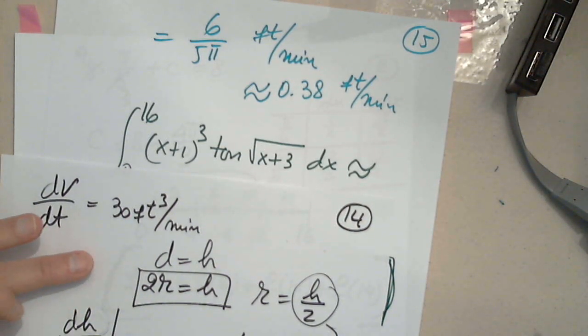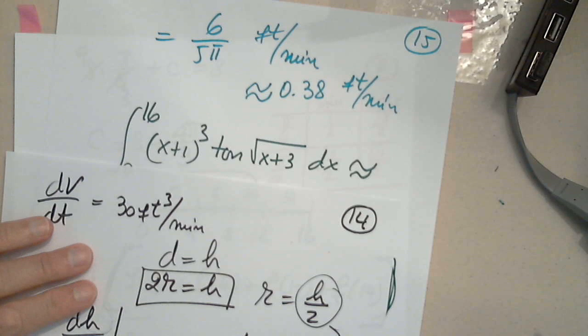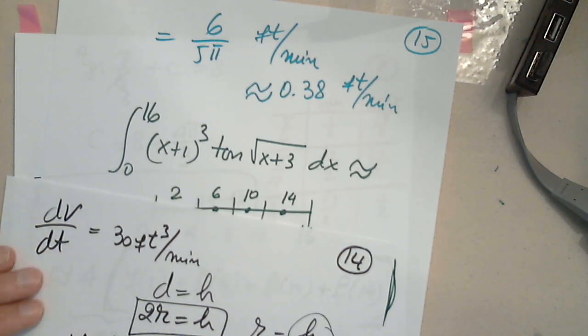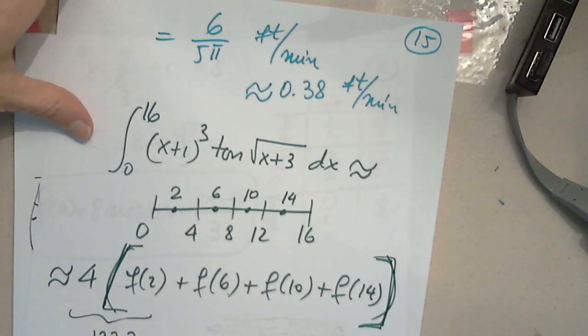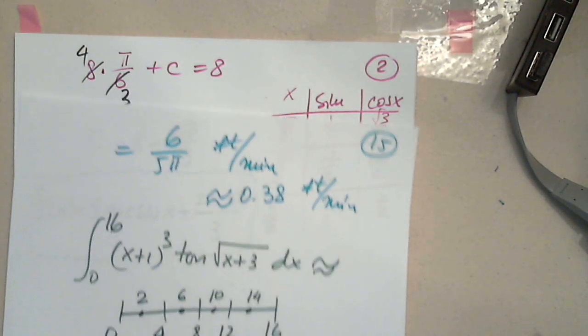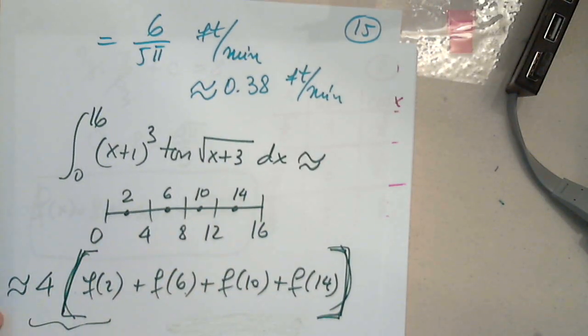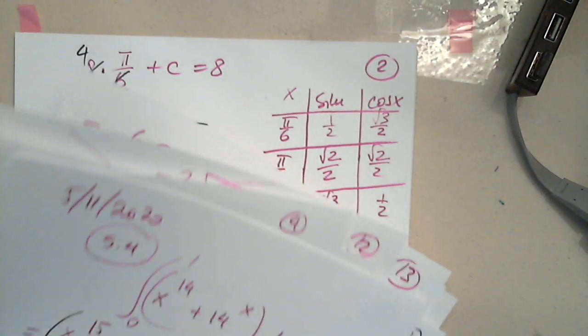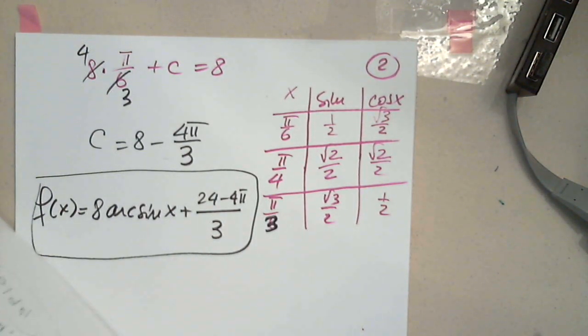The problem with the cone with the pile of sand. We did that again. And then this was another problem of approximating using subintervals. But it doesn't matter. We can do any problem.